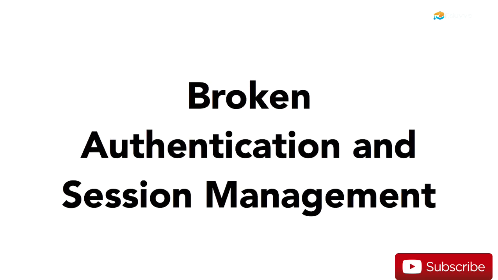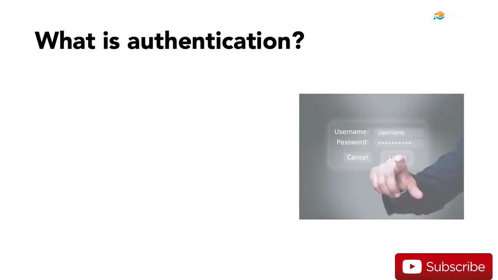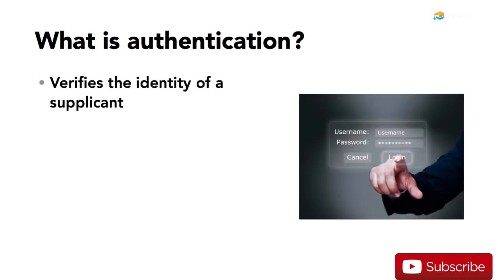Authentication is one of the most common forms of access control. Session management complements authentication by making the effect of authentication expire over time. Authentication verifies the identity of a supplicant who provides security credentials such as passwords.